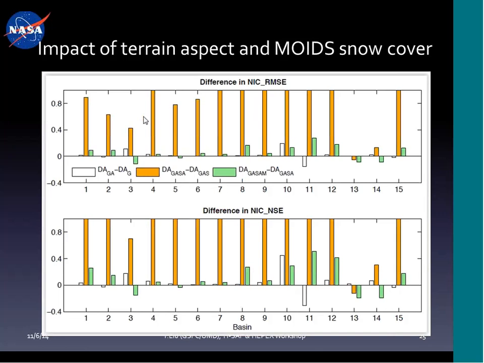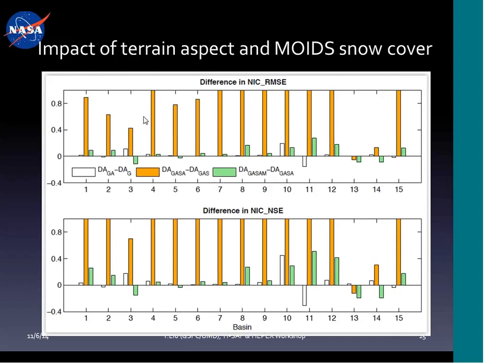So here we want to check the impact from incorporating the terrain aspect information and MODIS information. The first bar, the white bar, is adding aspect information to the GHCN stations, like the lower elevation stations. We didn't see much impact of aspect because at the lower elevations, where the snow is going to melt, the snowmelt is dominated by temperature. So aspect is not having a huge impact there.